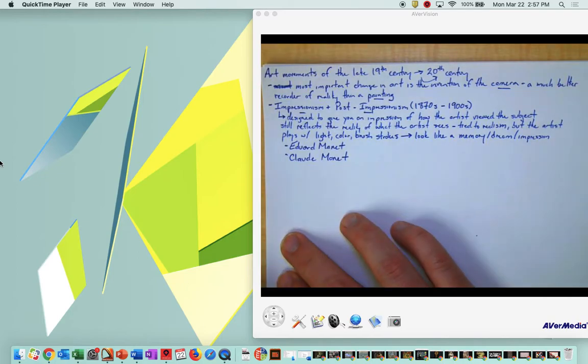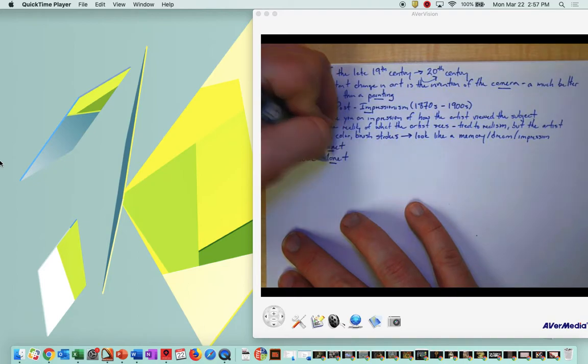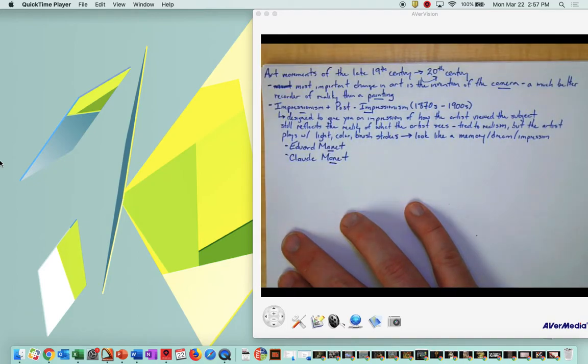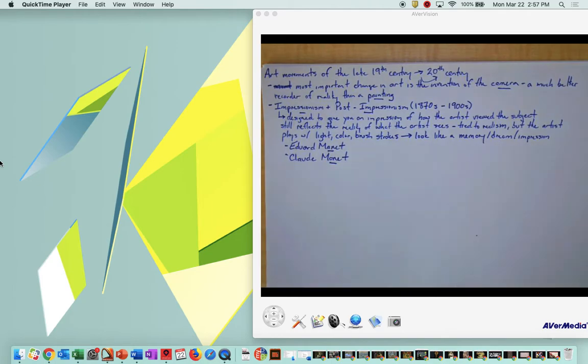So Manet and Monet. I picked these two because they're easy to remember. I'll try to give you the titles of them as well, but pretty much as long as you know a painting and a name, you should be good.